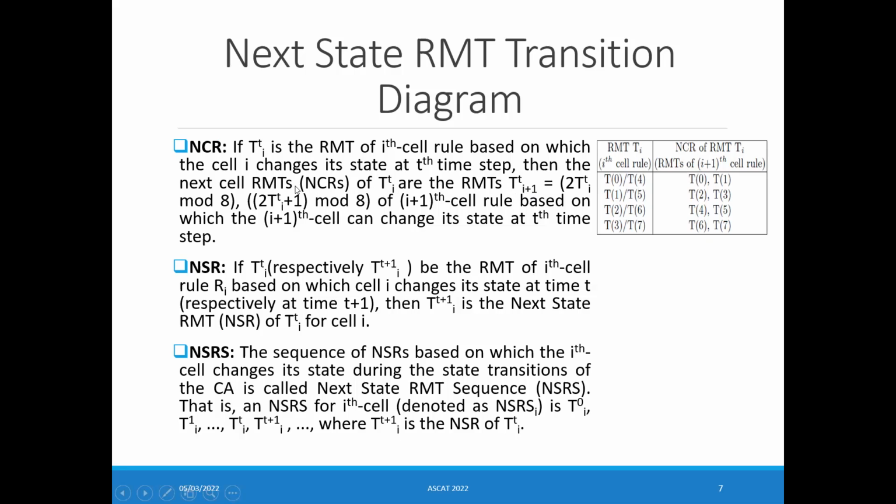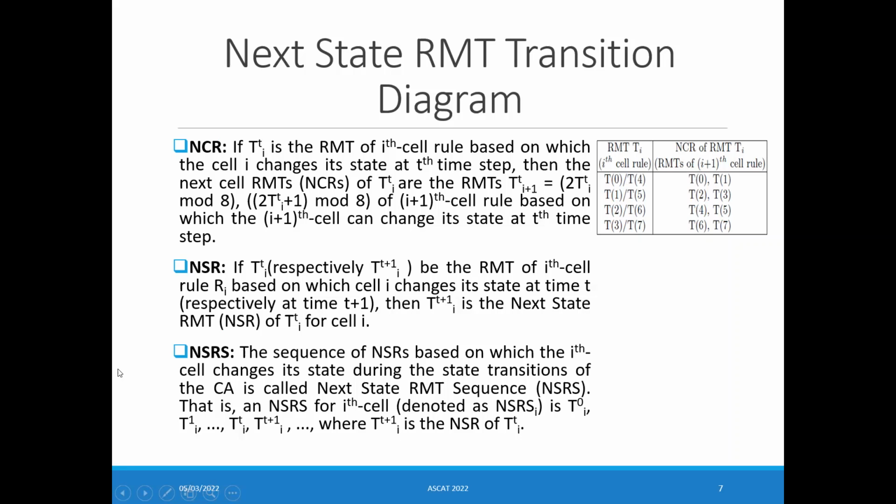So the NCR of Ti will be 2Ti mod 8 and (2Ti + 1) mod 8. So the NCR of T0 will be 2 into 0, that is T0, and the other will be 2T0 + 1, that is T1. Similarly, the NCR of 2 will be 4 and 5.